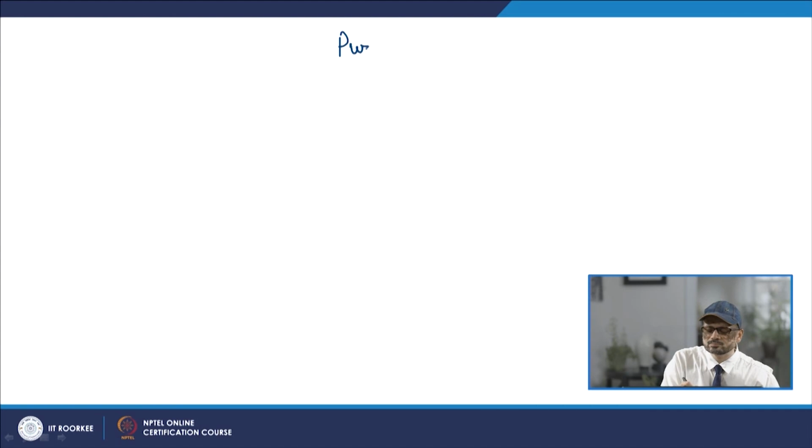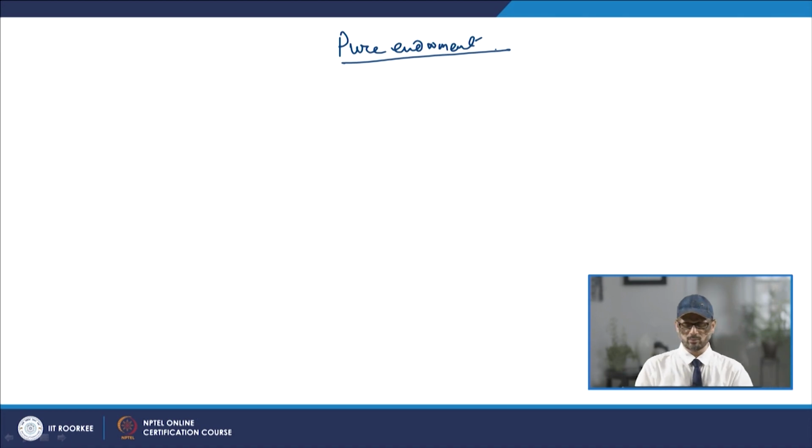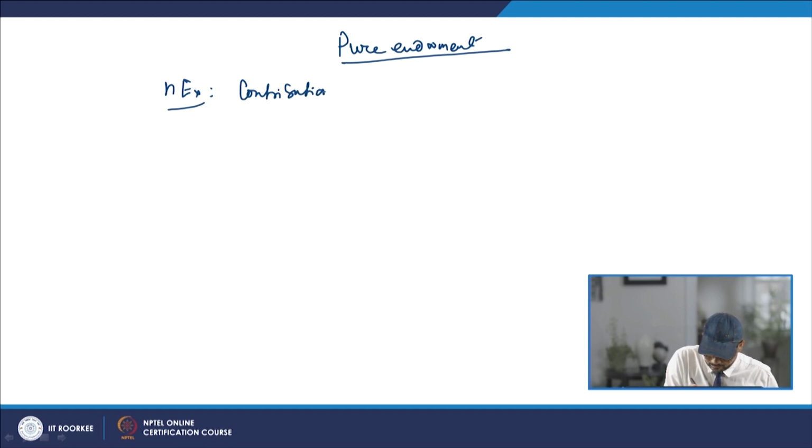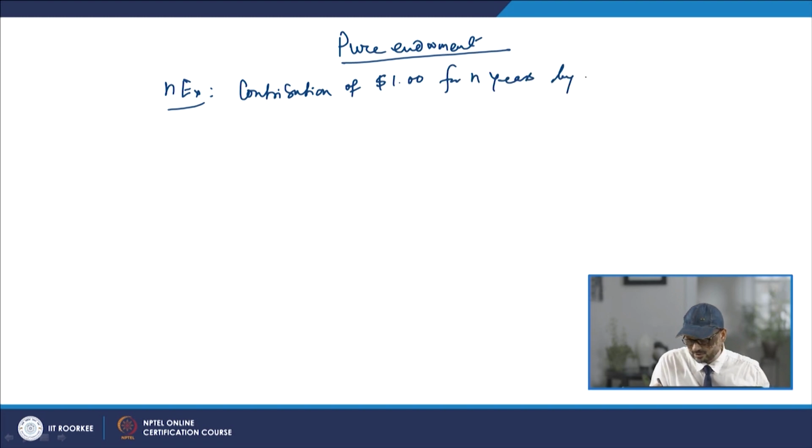Now suppose for pure endowment cases, if nEx is the contribution of $1 for n years by each person of age x.